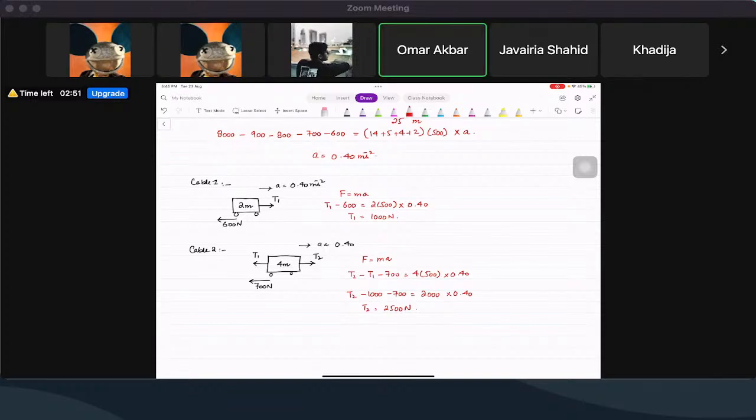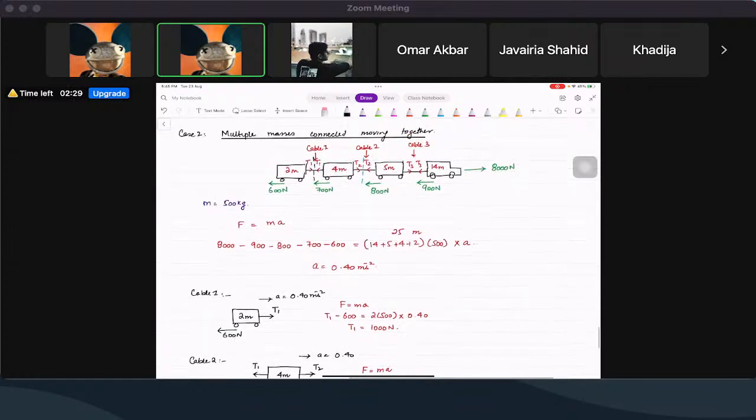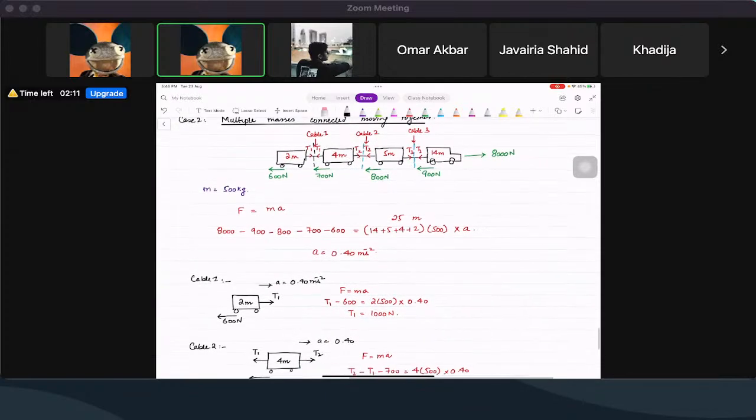Yes, sir. Okay. Now the next thing we're going to do is to find what is happening in cable 3. So I'm going to cut it right from here and check it. It's 5m. So let's draw this again. This was 5m. There was T3 here. There was T2 on this side, and it also had 800 Newton of friction force.